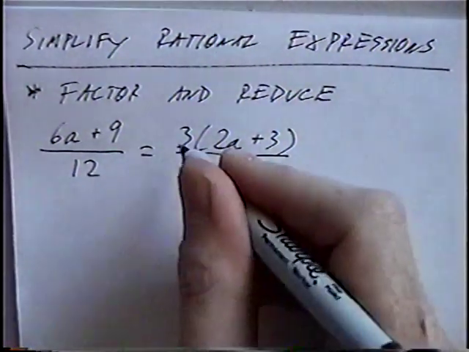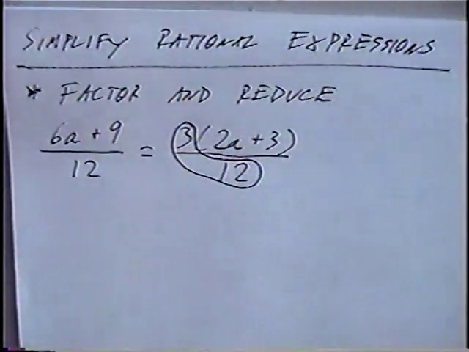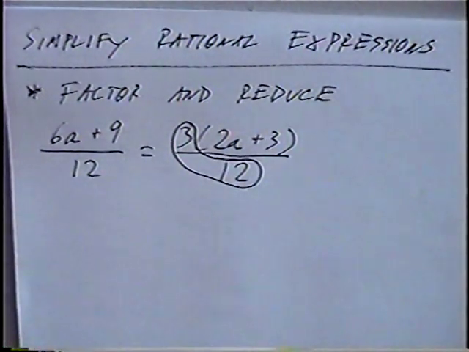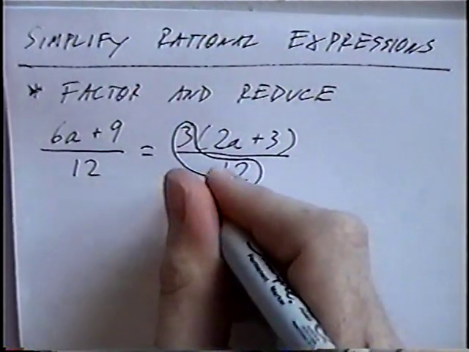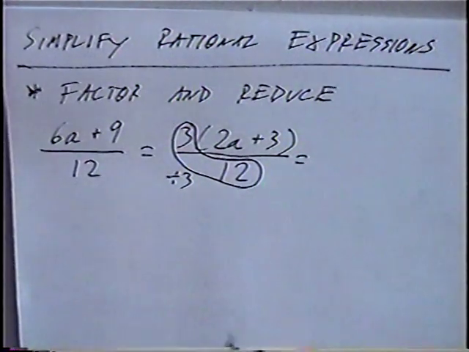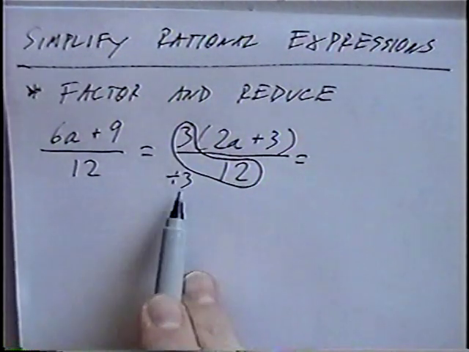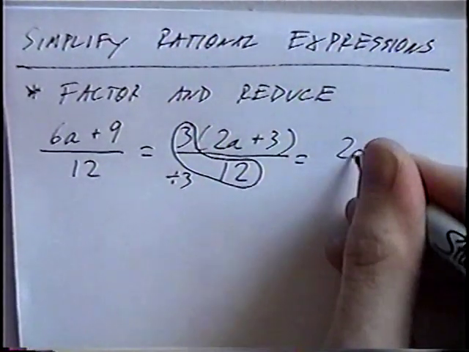To reduce, if we have a coefficient or numbers that are left alone without variables, we can reduce those coefficients. For example, 3 and 12, we can divide each of those by 3. For the numerator, 3 divided by 3 would be 1, or it cancels out, and we're left with 2a plus 3.